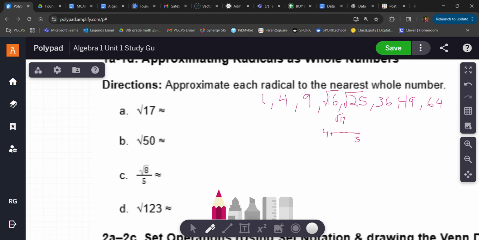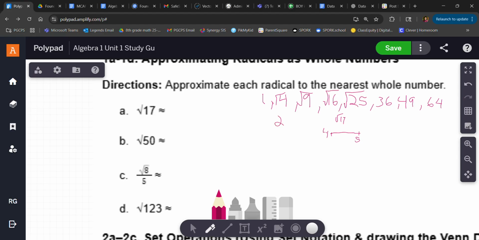So after that, scholars will go through and do the same thing for B, C, and D. Now C looks a little different because the square root of 8, the radical 8, is the numerator. However, it'll be the same process where we see the square root of 8 goes in between 4 and 9, which will do the square roots of 4 and 9.